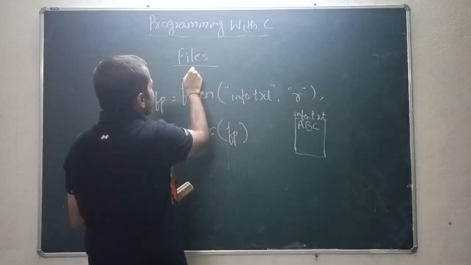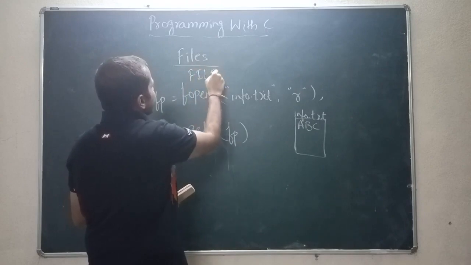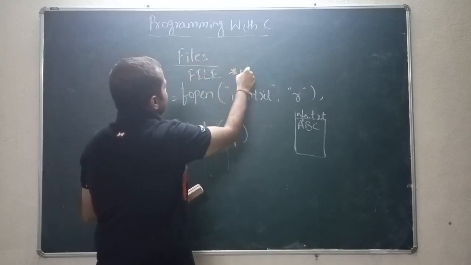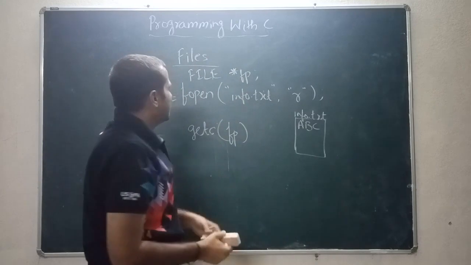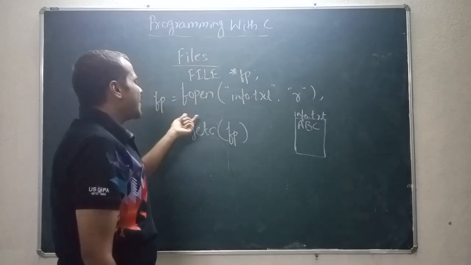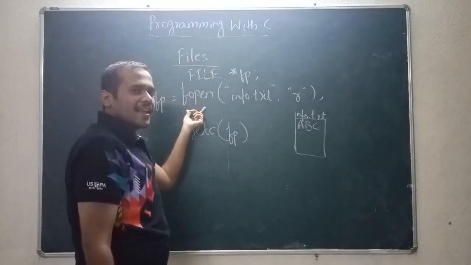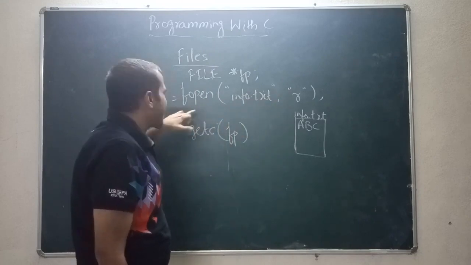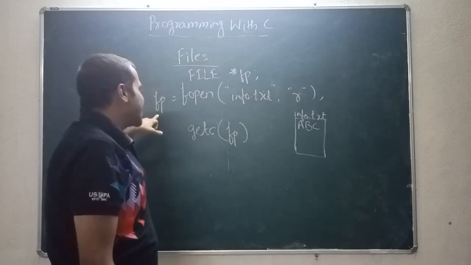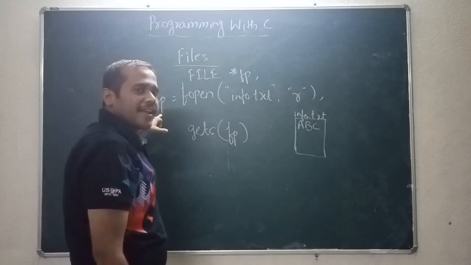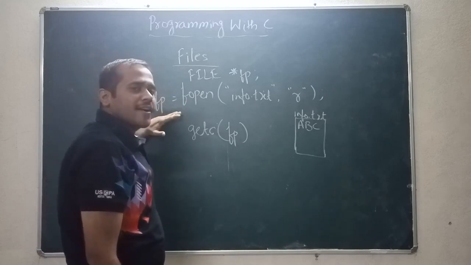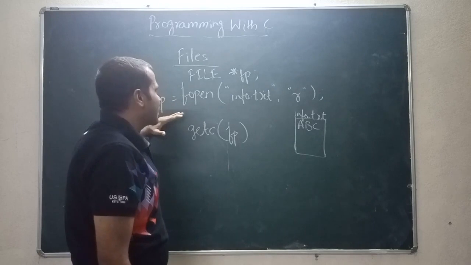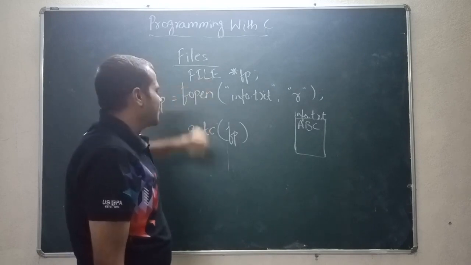Of course we need to declare the file pointer using FILE *fp. And I need to open the file in read mode and assign it to the file pointer, that is fp. As I told earlier, this file pointer name can be anything, but FILE should be in capital letters.